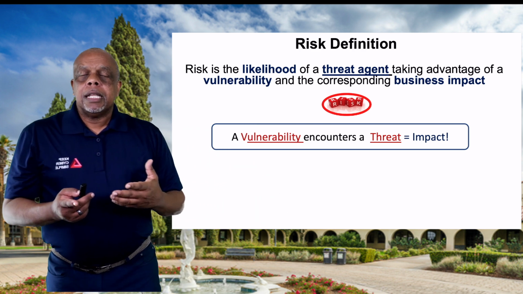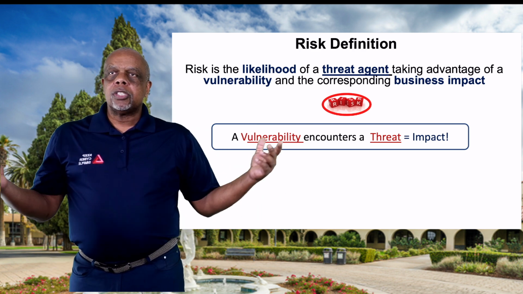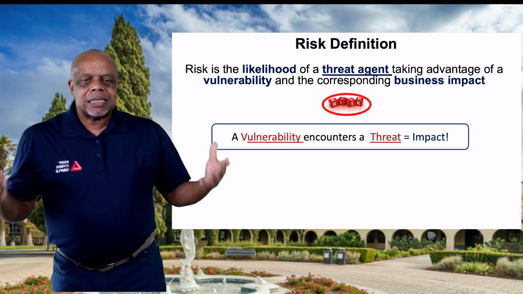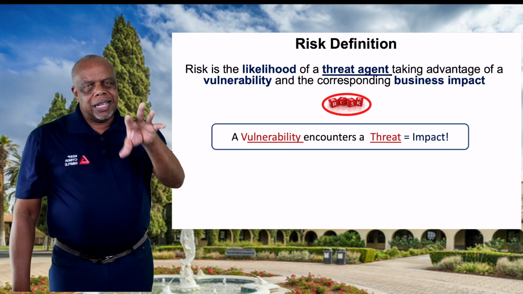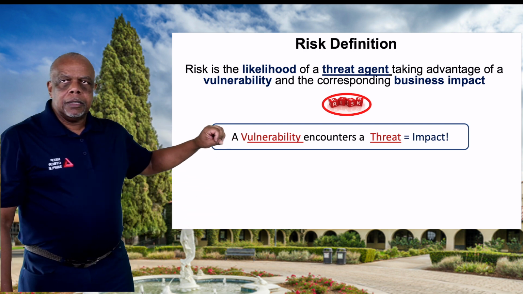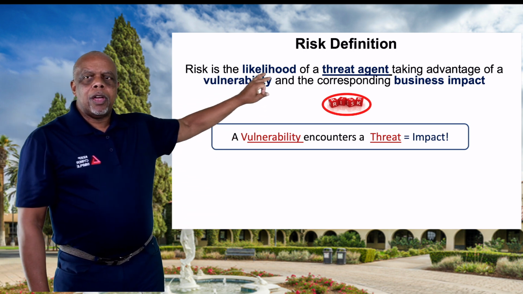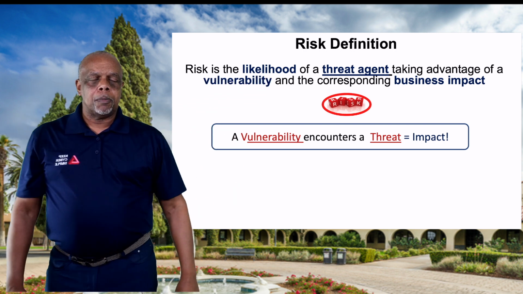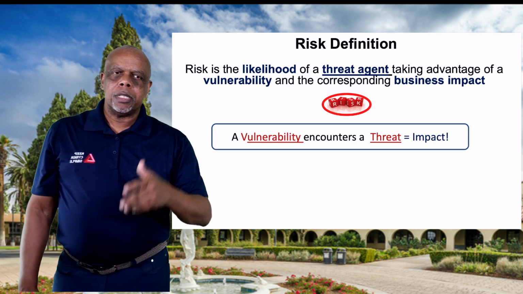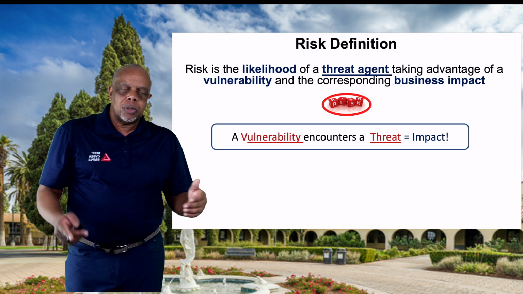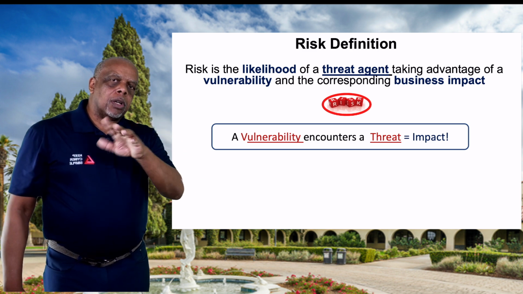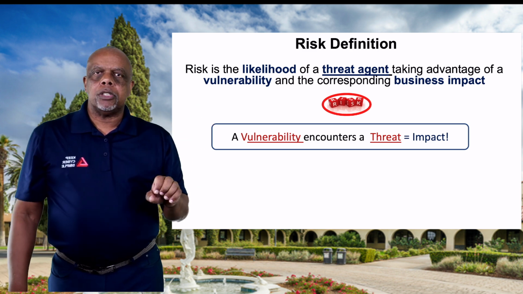Now, let's look at this in your everyday life, because this is no different. Just because we're talking cybersecurity, we think, oh my God, that's all this techie stuff. No. Your home today, you do the exact same thing. In your neighborhood, in your community, you have threats and you have threat agents. There are people who are probably walking around looking in your neighborhood, looking at your house or your apartment, your car, those kind of things. We call it casing the joint. They're trying to figure out, one, what's the best house to break into?